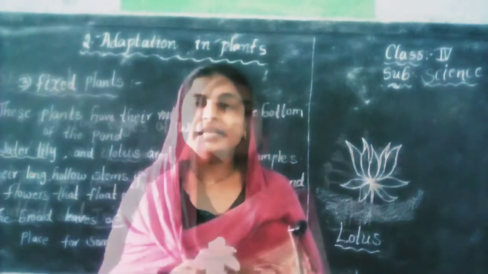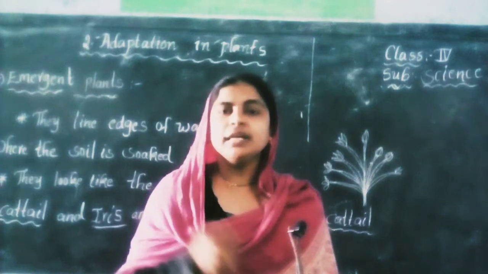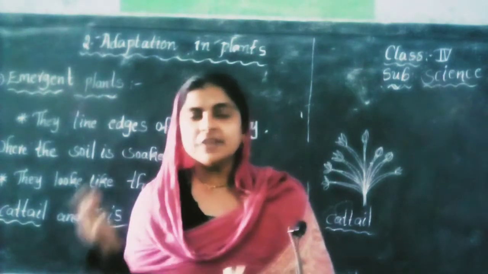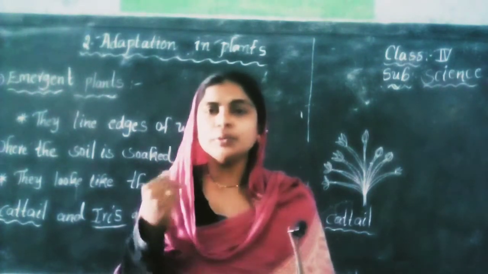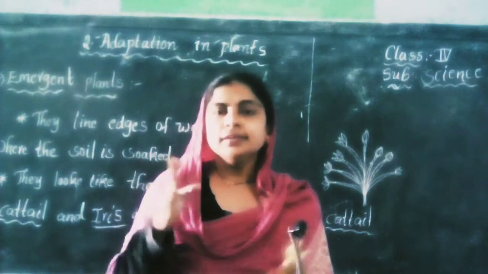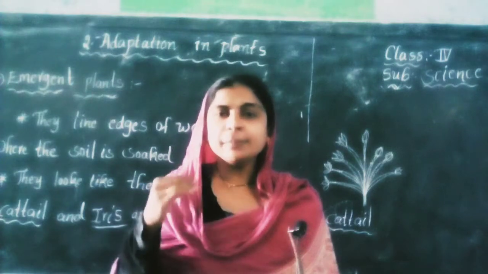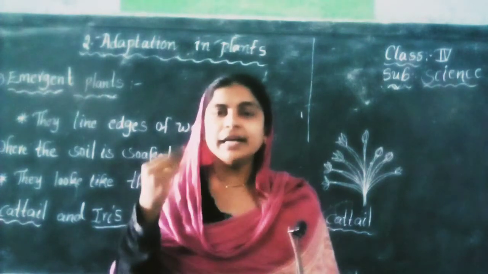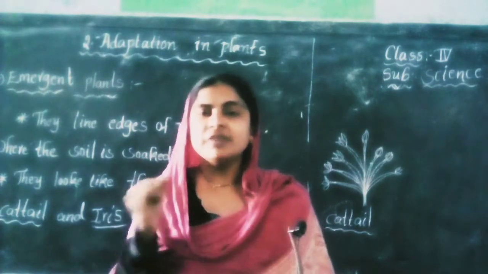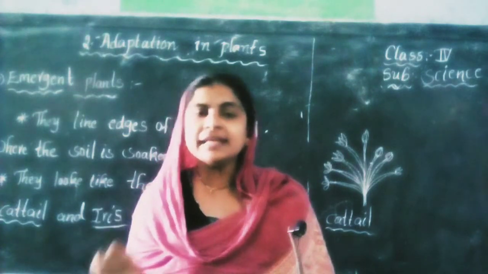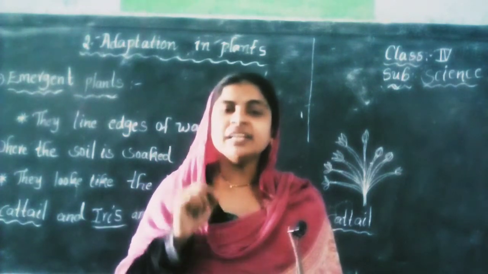Okay children, now discuss types of plants. How many types? Two types: aquatic plants and terrestrial plants. Aquatic plants are divided again into four types. First one, free floating plants. Second one, underwater plants.